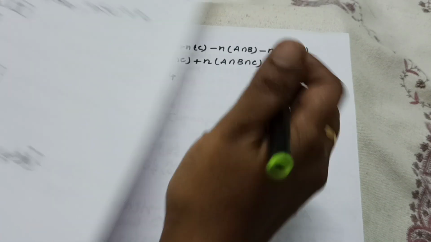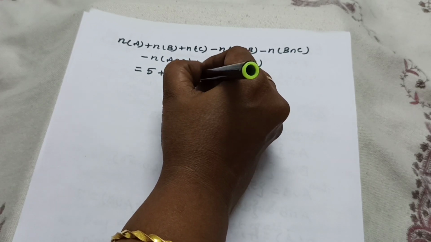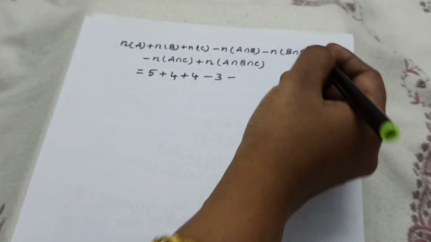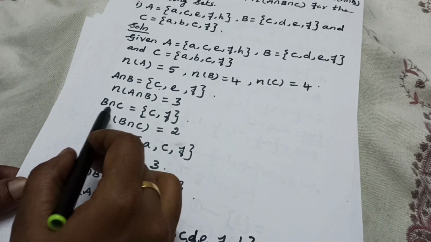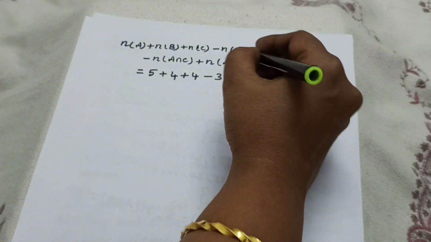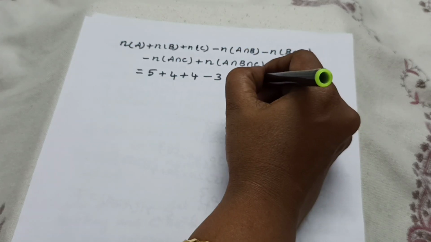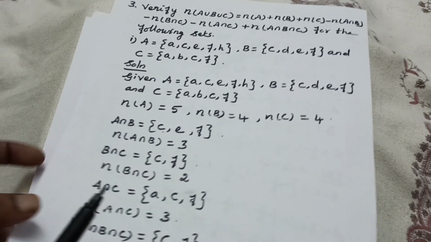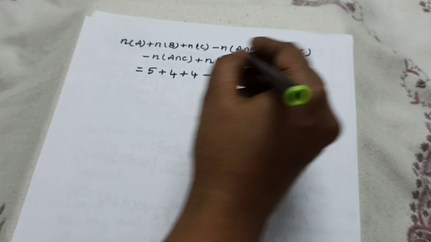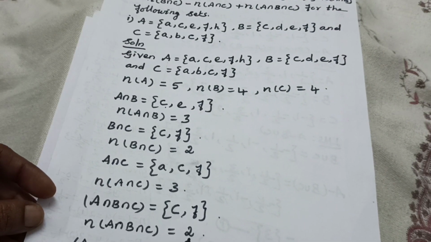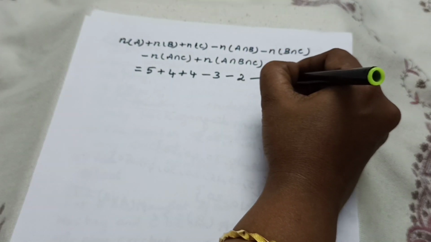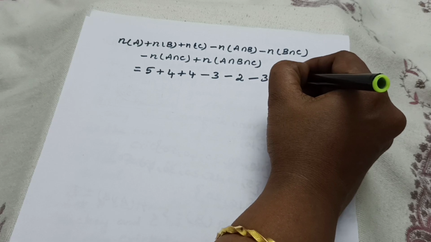N of B is 4, N of C also 4, minus N of A intersection B is 3, minus N of B intersection C is 2, then minus N of A intersection C is 3, isn't it? That 3 we have to substitute. Then N of A intersection B intersection C is 2, isn't it? That 2 you write with plus.